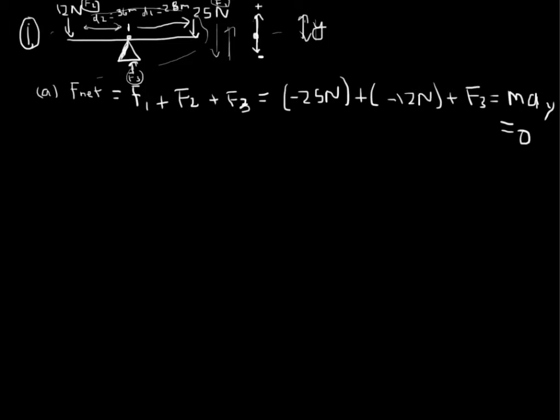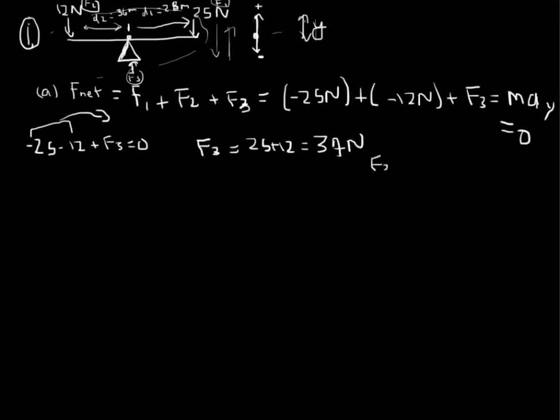So then we have negative 25 minus 12 plus F3 equal to 0. Bringing these to the other side, isolating for F3, we get 25 plus 12 is 37 newtons. So the force from the fulcrum is pushing with a force of 37 newtons.